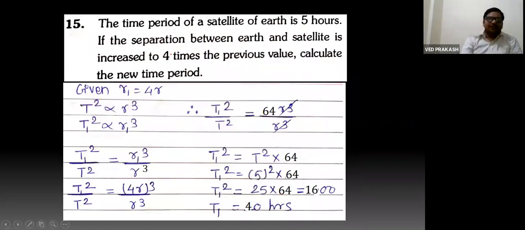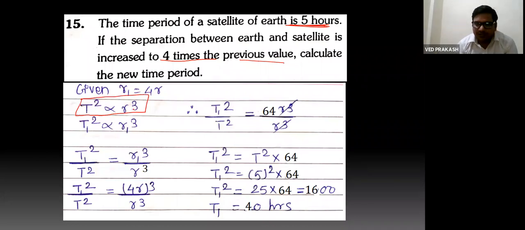Next numerical is that the time period of a satellite of Earth is 5 hours. If the separation between the Earth and the satellite is increased to 4 times the previous value, calculate the new time period. So here we will use the same formula. Initially the time period was T, so you can write T square proportional to r cube. After making this distance 4 times, the time period becomes T1.